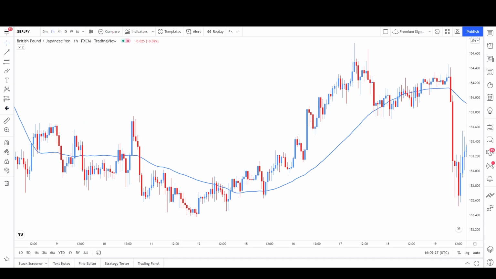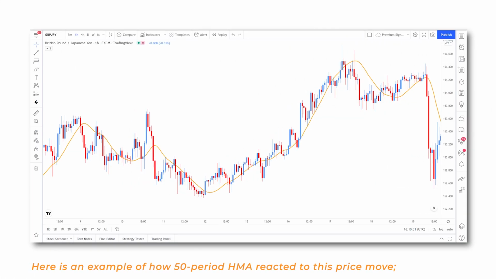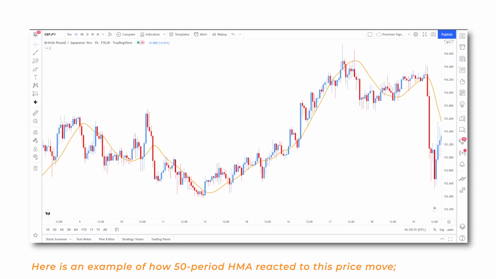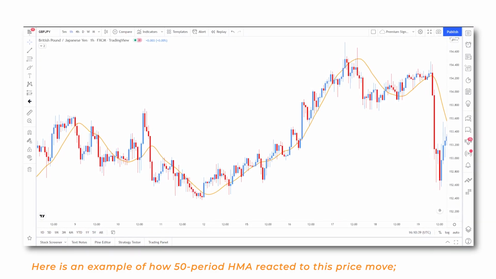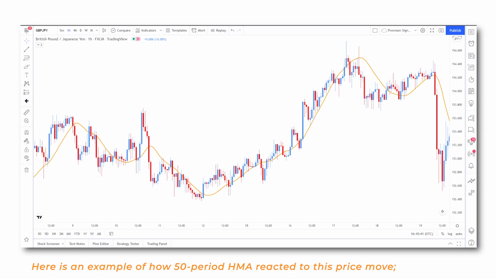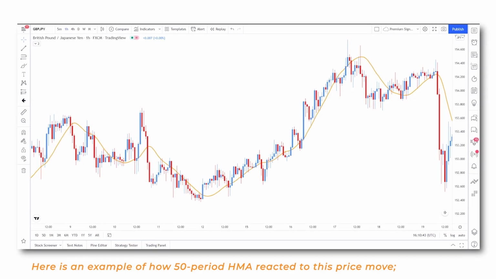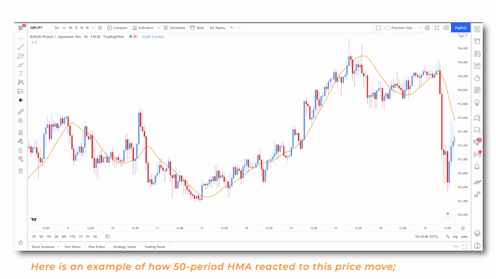Let's compare this move to the Hull moving average. Well, the Hull moving average also sloped downward, but it rapidly started to trend upward, and as a result the Hull moving average produced less lag when compared to a simple moving average, simply because it includes the weighted moving average in its formula to help it out.